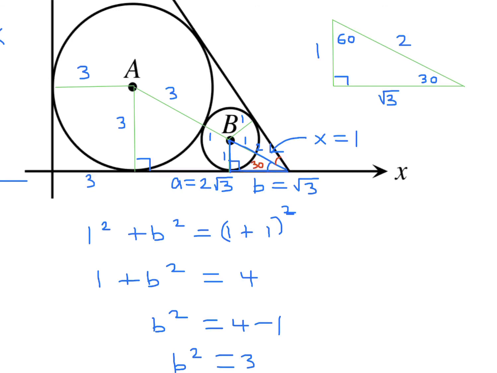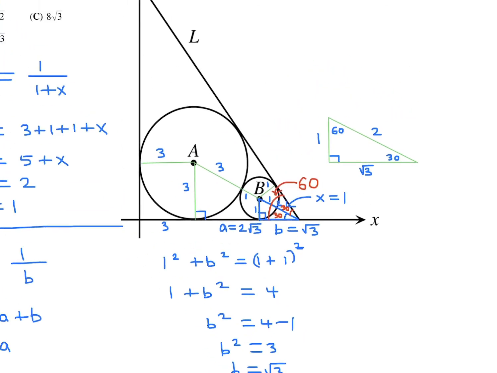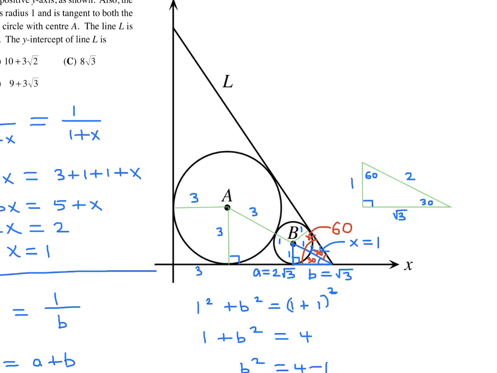Running out of space here. I'll just squeeze it in there, 30 like that. So that means this whole angle, right here, is 60 degrees. Okay? So that basically means that you have another 30, 60, 90 triangle. That angle is 60. This angle, of course, is a 90. And by subtraction, you will get that that is 30. Okay?